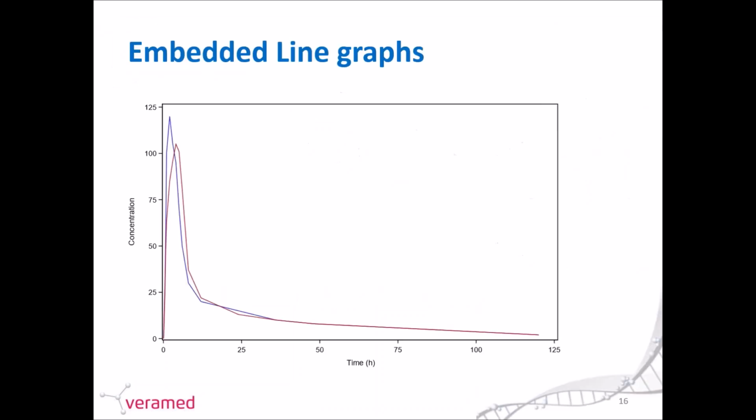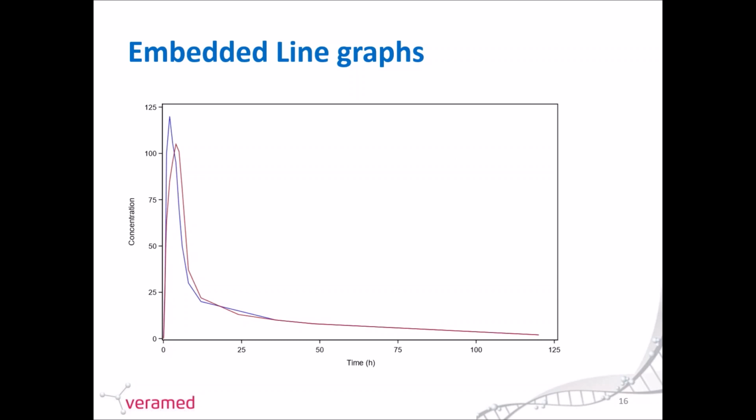So the first example is this embedded line graph. I'm going to use a very simple, probably slightly exaggerated PK plot for this, where the issue is that you have a large amount of your data condensed into quite a small area of your graph.